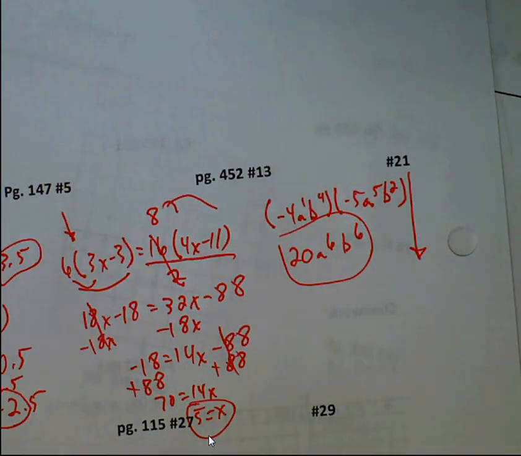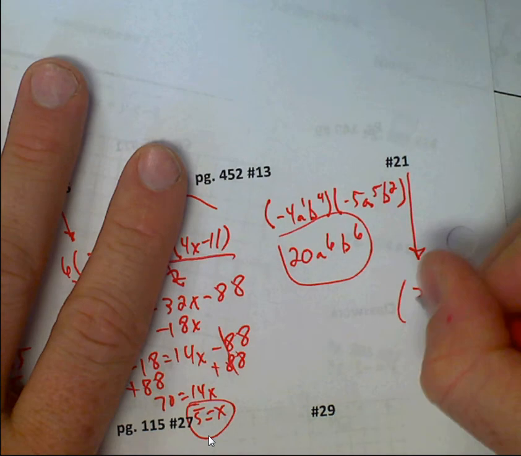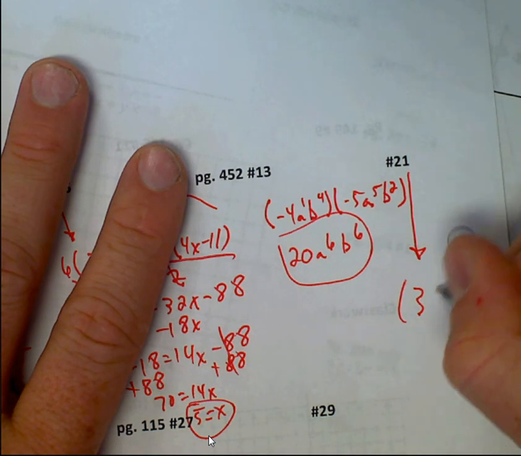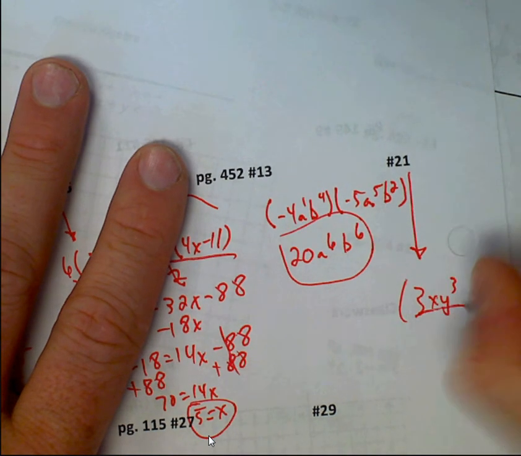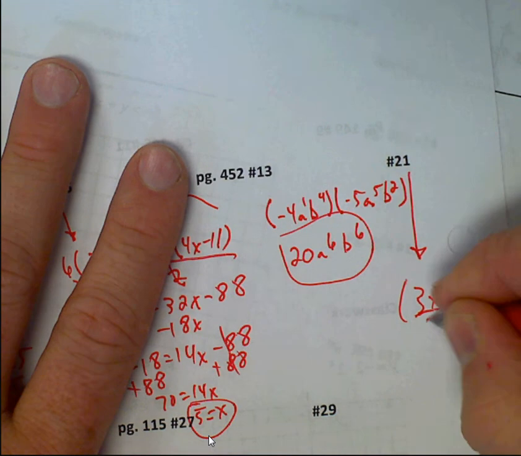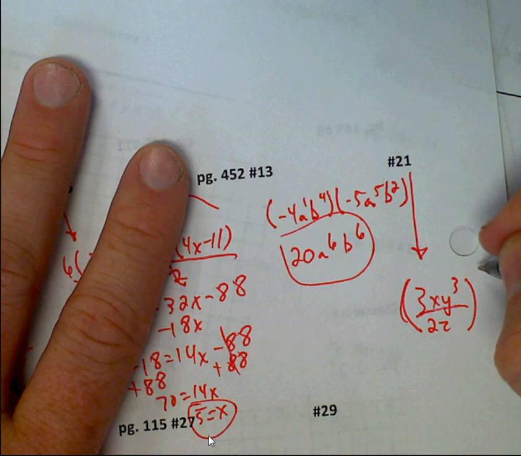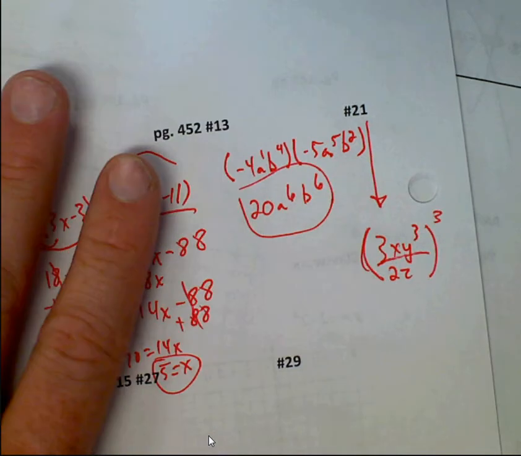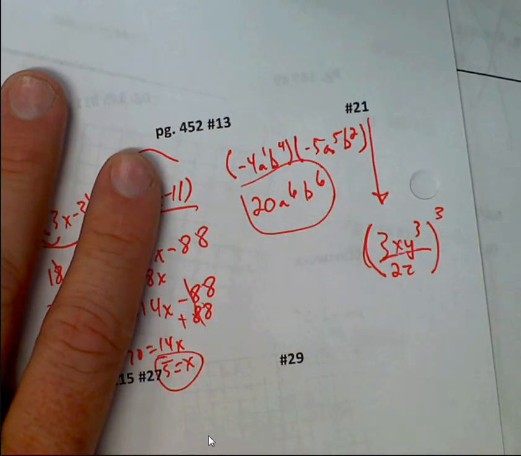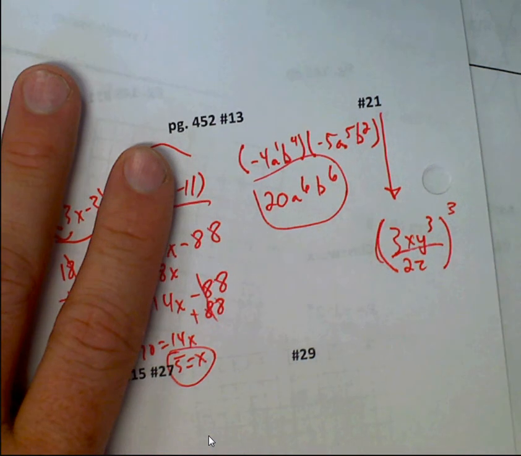Number 21. I'm given 3xy to the 3rd over 2z, all raised to the 3rd. So this 3 I have to distribute to everything in which I see.